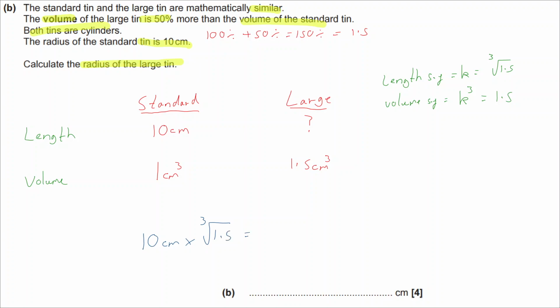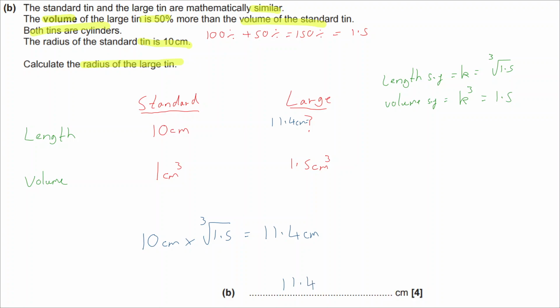If you do this, you get an answer of 11.4 centimeters. That makes sense because your volume got bigger, so your length must have got bigger, but just at a different scale factor. And checking the mark scheme, that looks good. 11.4 is correct.